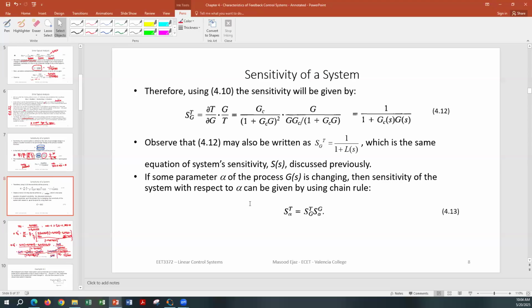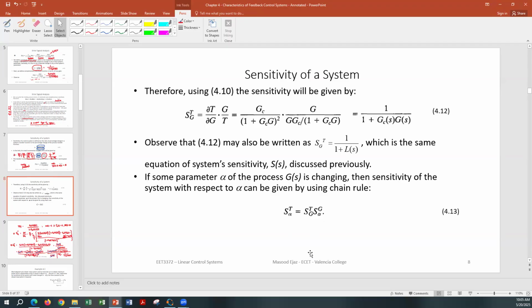And if you are trying to figure out the sensitivity with any variable alpha of the process, then we can apply the chain rule. As you can see, the sensitivity of the transfer function with respect to alpha is equal to the sensitivity of the transfer function with respect to G and the sensitivity of G with respect to alpha.